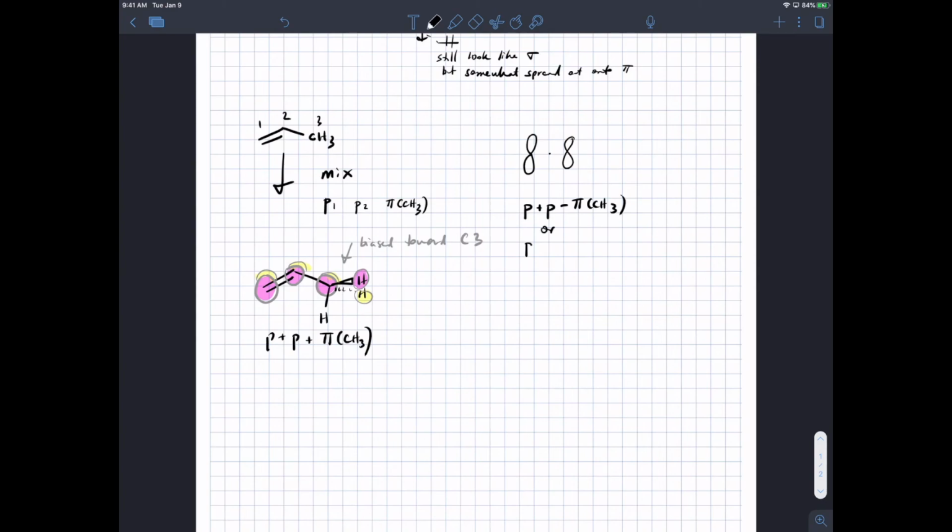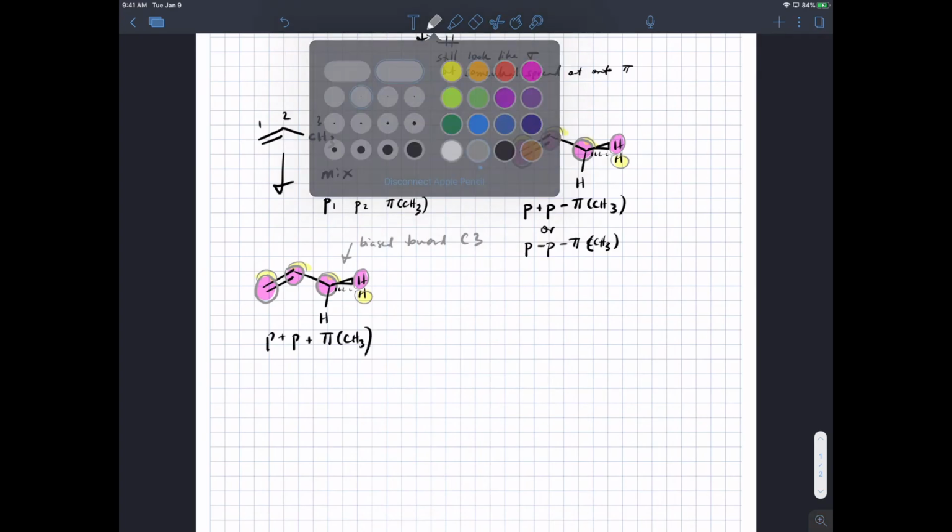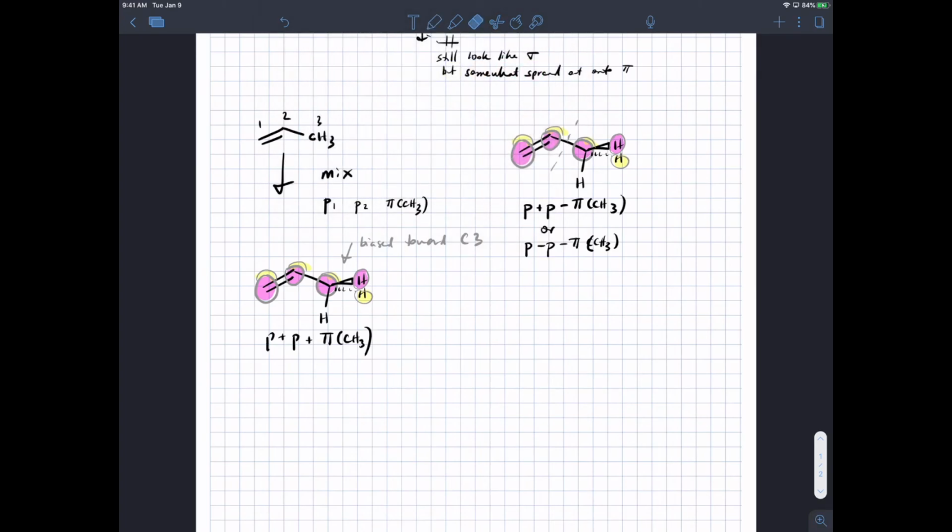Or you could get p minus pi CH3. The fact that the CH3 is not the same as the other two carbons breaks the symmetry of the system, and what you end up with for that orbital, if you do the calculations, is a node here.